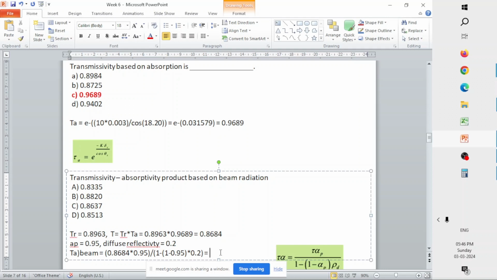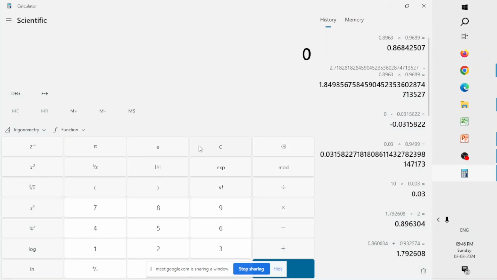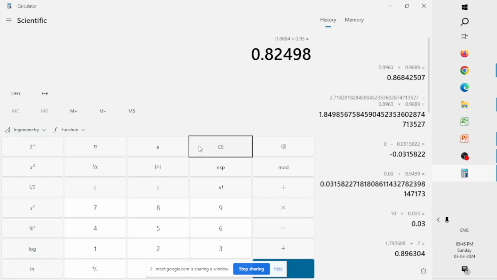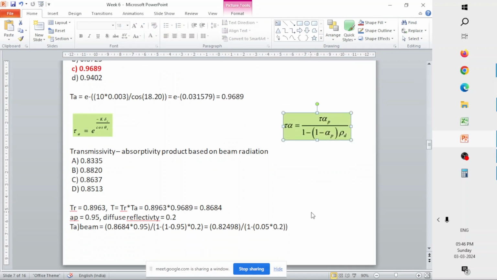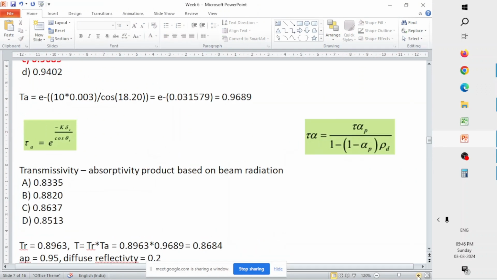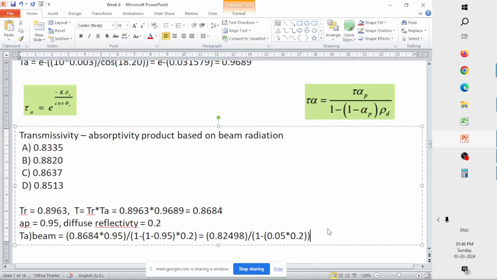So if you calculate this, it would be 0.8684 times 0.95, 0.82498, the whole divided by 1 minus 0.05 times 0.2. So let me just show the calculation here first.